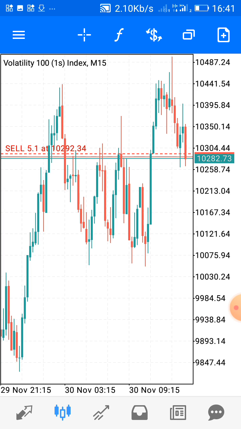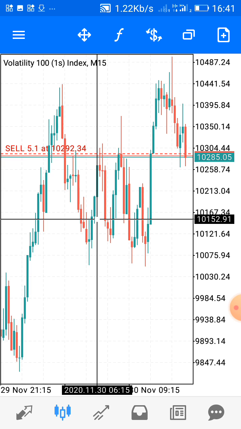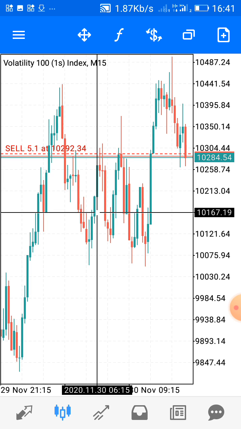There are chances that it can go up because of the same resistance. There are chances that it can break the resistance and move down, because if it breaks the resistance, we can look for another candlestick where there was resistance, and as you can see, we can rely on this one at 10,167.